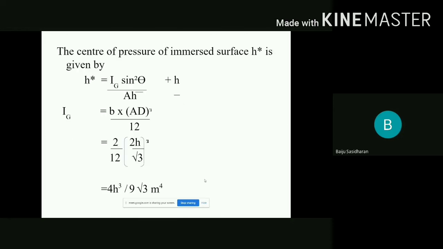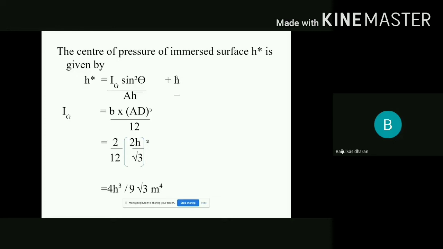We have to find out the center of pressure of the immersed surface. The center of pressure of the immersed surface, H star, is given by, already we studied the expression, H star is equal to Ig sine square theta by A H bar plus H bar.